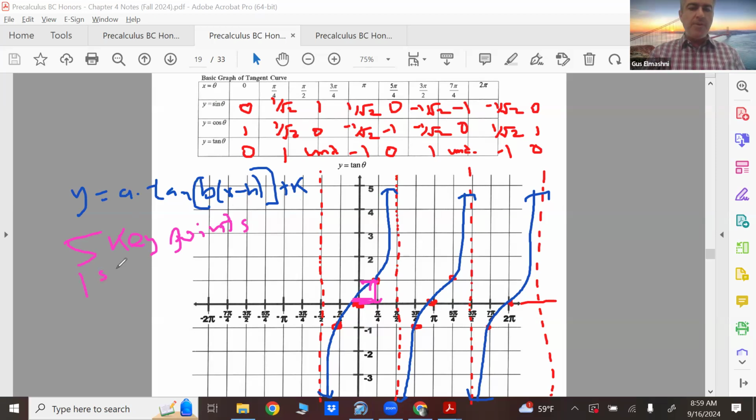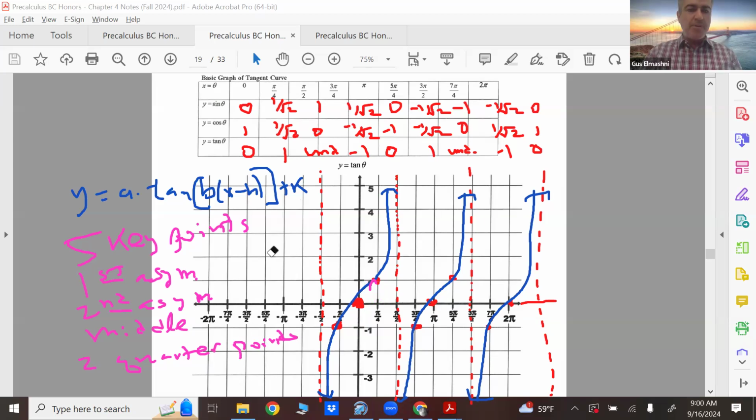You have your first asymptote. You have your second asymptote. You have a middle. And we have two quarter points. So what do I mean by that?